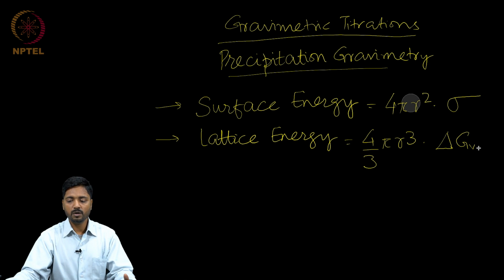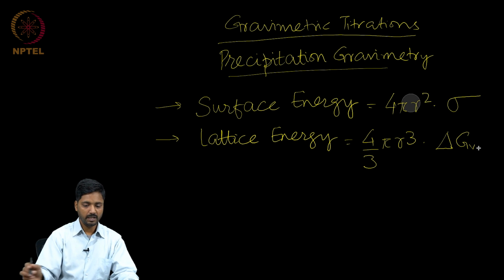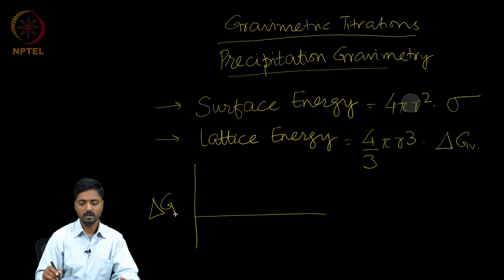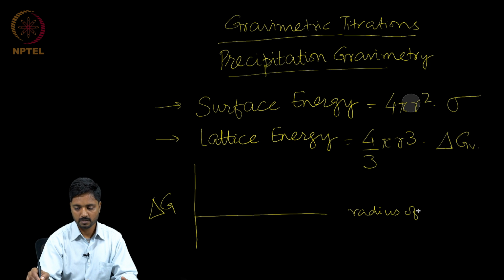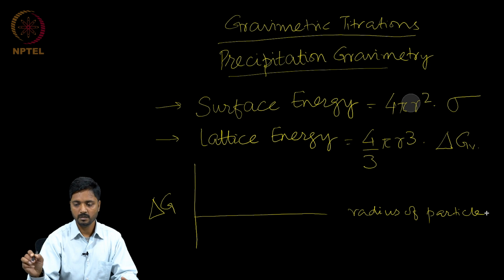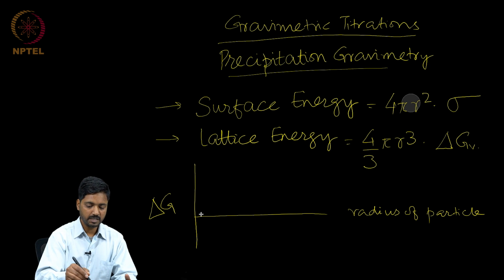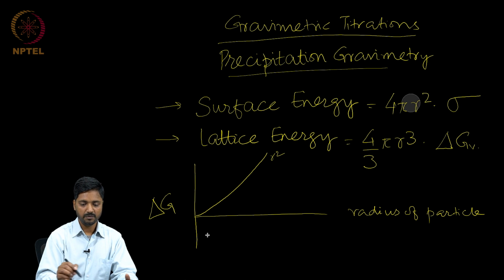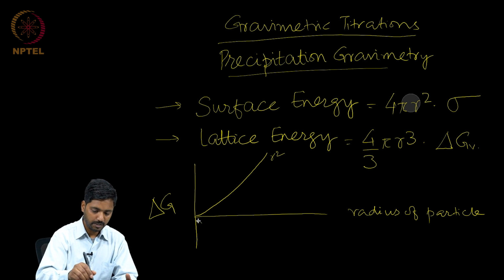So, these two forces act simultaneously on the particle, and if I plot the free energy of particle formation with the radius of the particle, we see that the surface energy will scale as r square, and the lattice energy is an exothermic thing, and it will scale as r cube.